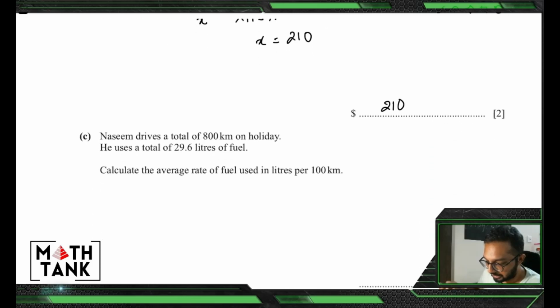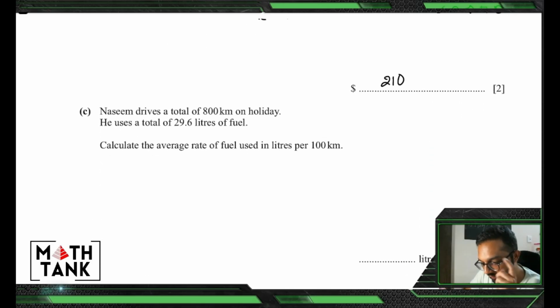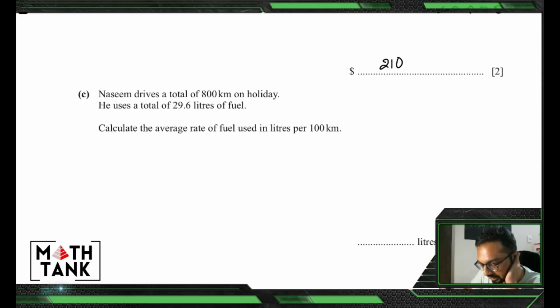Okay, moving on quickly. It says Naseem drives a total of 800 kilometers on a holiday. He uses a total of 29.6 liters of fuel. Calculate the average rate of fuel used in liters per 100 kilometers. So what I basically need is a ratio of liters and kilometers.